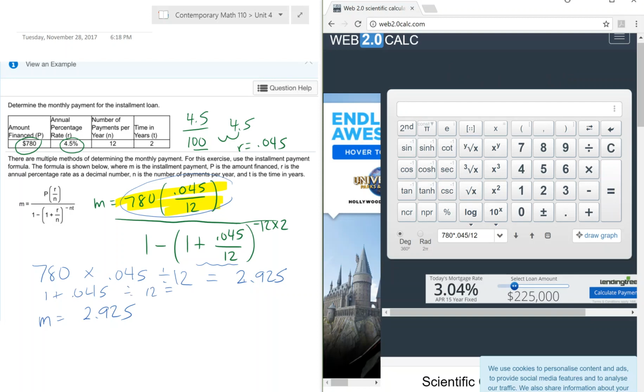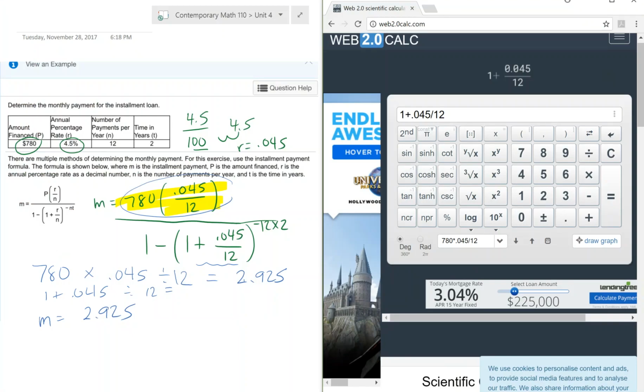So clear a couple times. 1 plus 0.045. Nope, didn't get that on there. 1 plus 0.045 equals. So you can look at the expression that's typed in, and it should match what you're seeing on your paper. Press equals, and that's 1.00375.